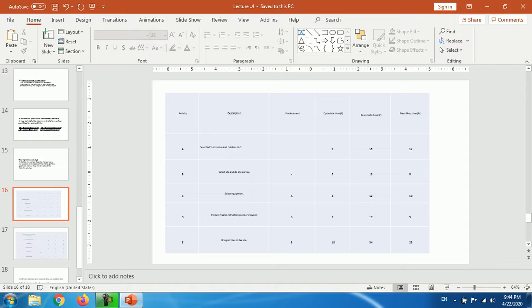Activity F. 9, 15, 9. G. 30, 40, 35. H. 35, 49, 39. I. 12, 18, 15. J. 9, 3, 4. K. 11, 9, 9.